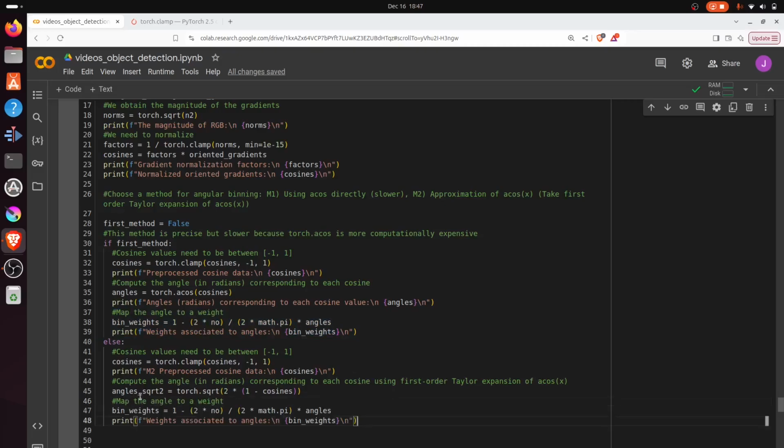Remember the angles now are called differently, but the rest is the same. Now we also print the results.